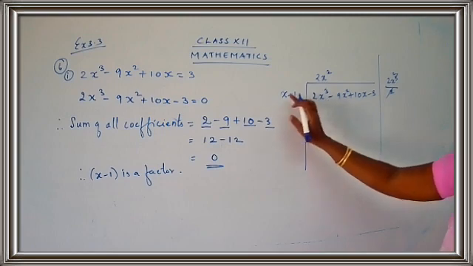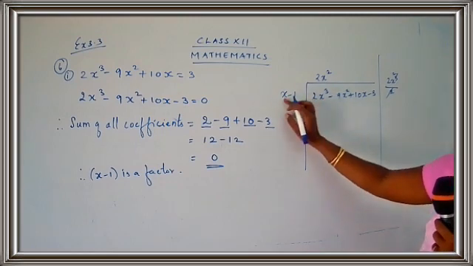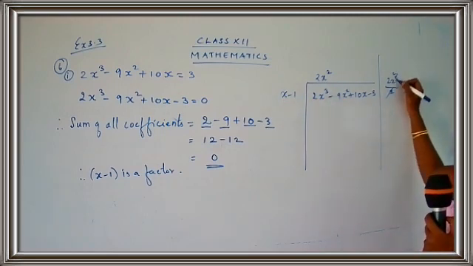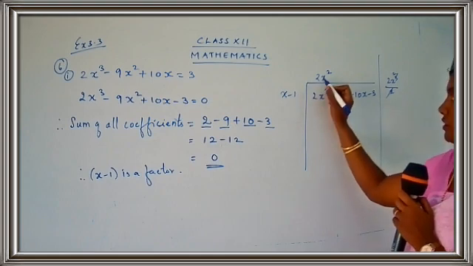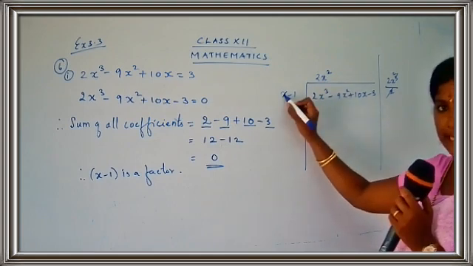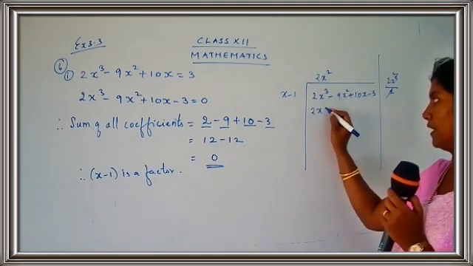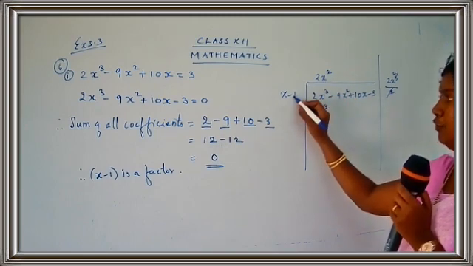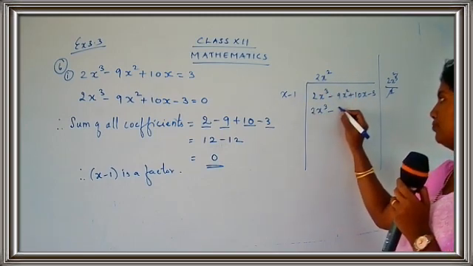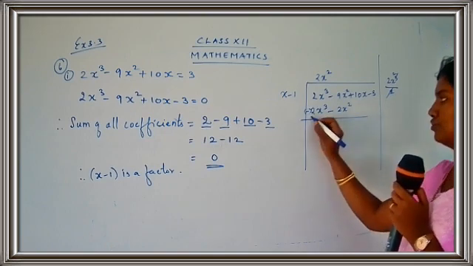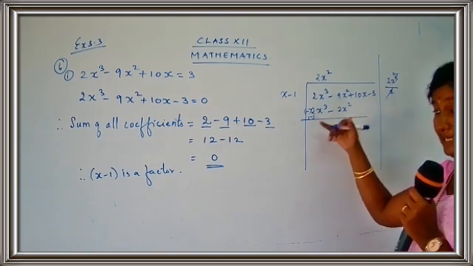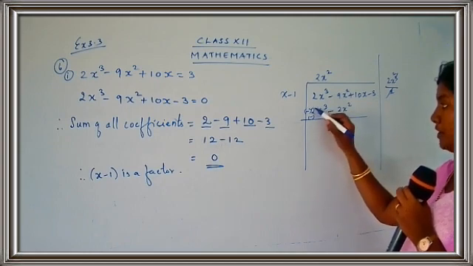Always take the first term and the first term. So 2x cube upon x, when you cancel x with x cube, x square will be left and the coefficient 2 is left out. 2x square. So now 2x square into x is 2x cube. 2x square into minus 1 is minus 2x square. The main sign is minus, so you have to change all the signs of the second equation.